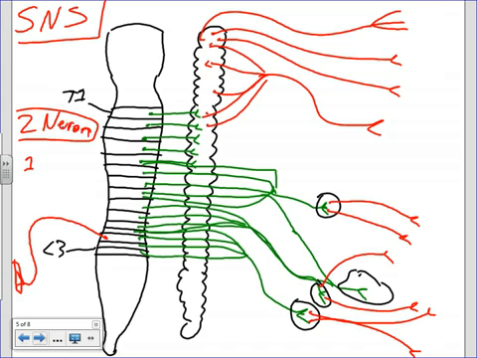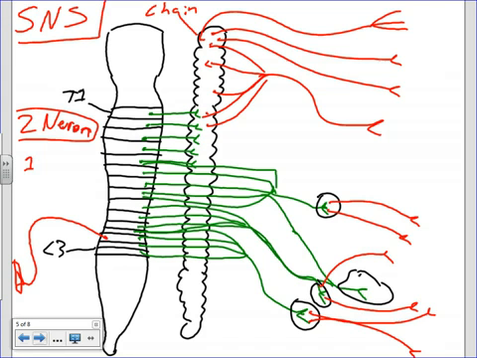Now, when we look at the sympathetic nervous system, one thing you'll notice when you take a look at the spinal cord, bear in mind, is this object you see here called the sympathetic chain. This is found on both sides of the spinal cord. I only drew it on one, just because I don't need to torture you guys with that much of my art.